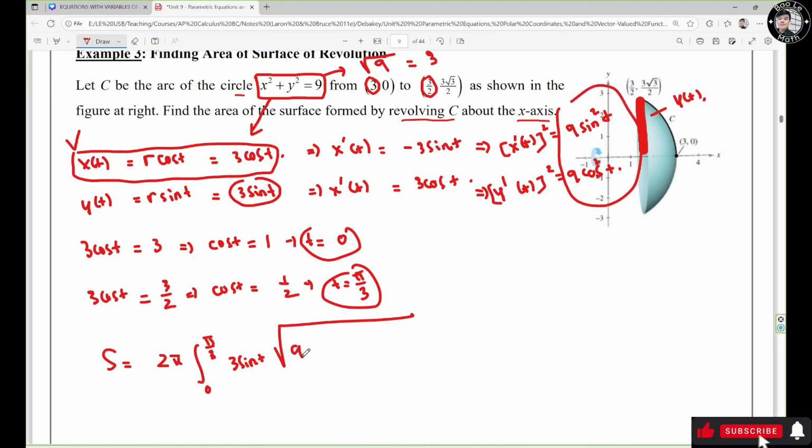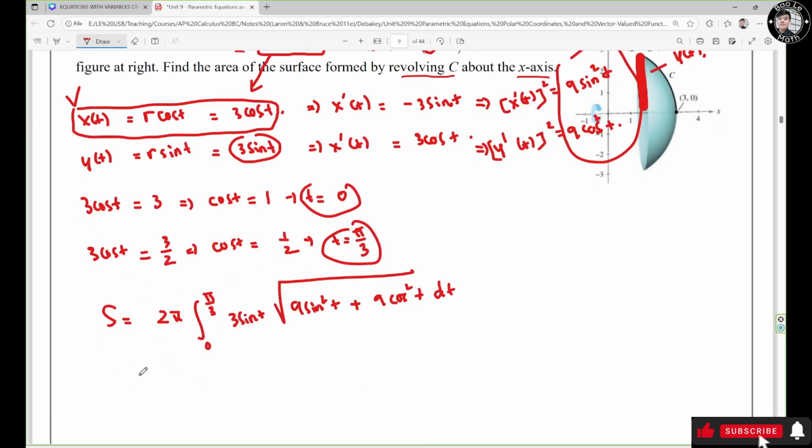So you have 9 sine squared of t plus 9 cosine squared of t, and then don't forget dt, right? So I'm going to simplify this one. It's going to be 2 pi times the integral from 0 to pi over 3, 3 sine t.